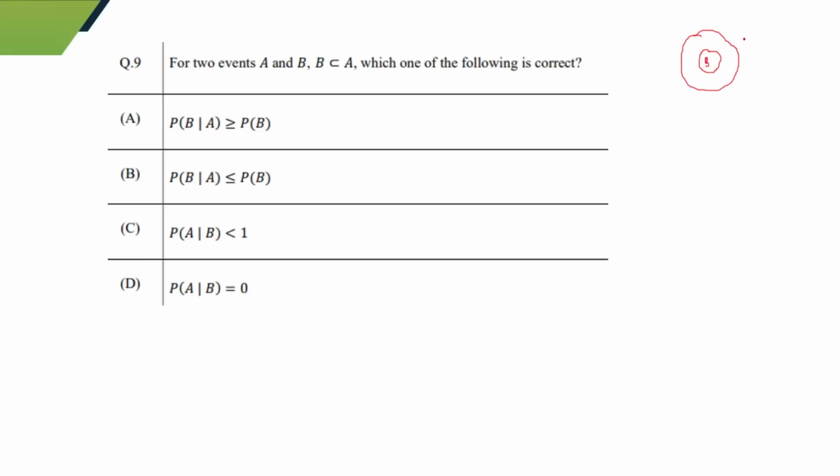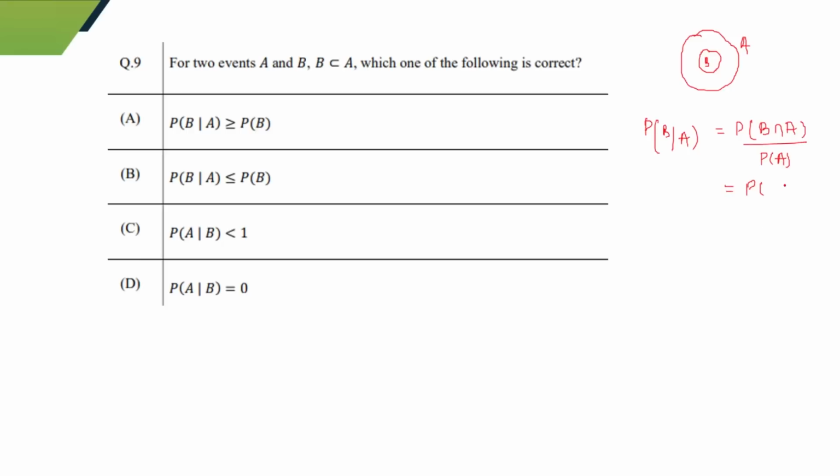That means this is B and this is A. If I go for probability B given A, it would be probability of B intersection A upon probability of A. And what is B intersection A?